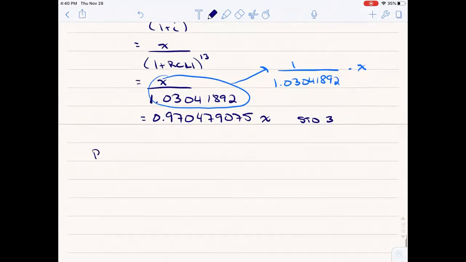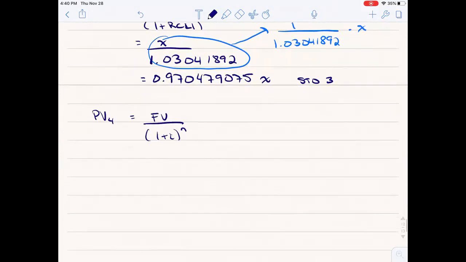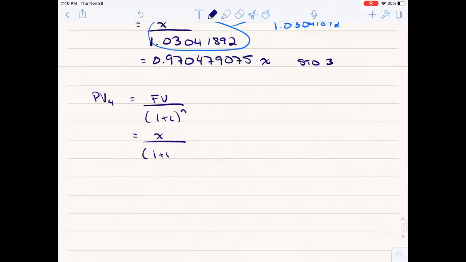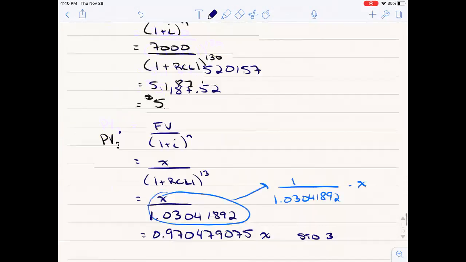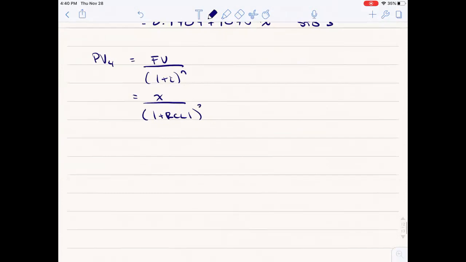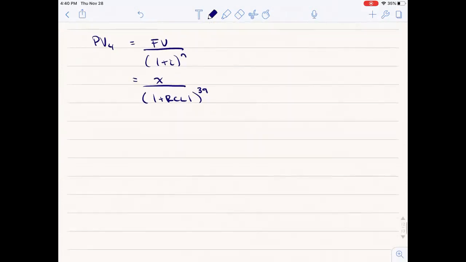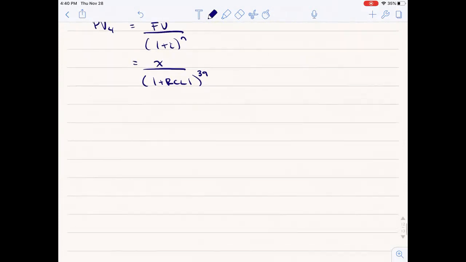Same thing for present value 4. Future value over 1 plus i to the power of n. Future value again is x over 1 plus recall 1 to the power of n, which is 39 for this one. 1 plus recall 1 to the power of 39.